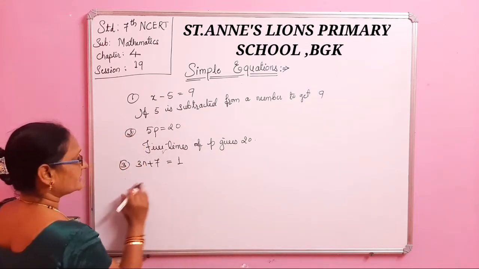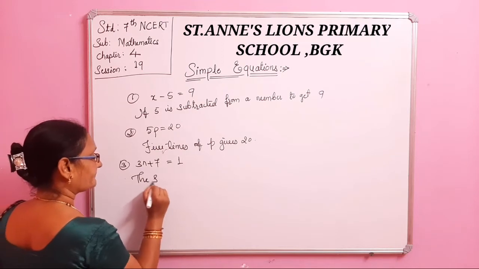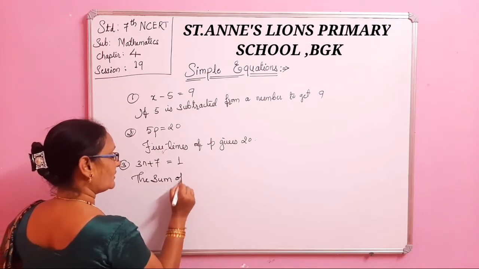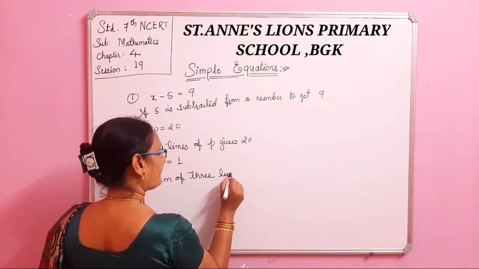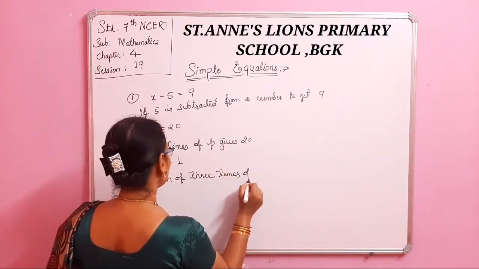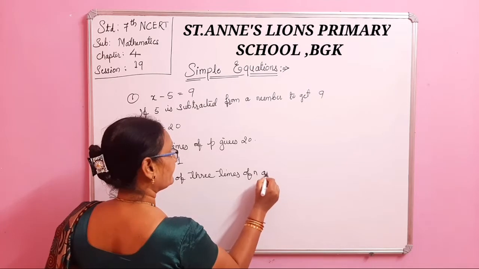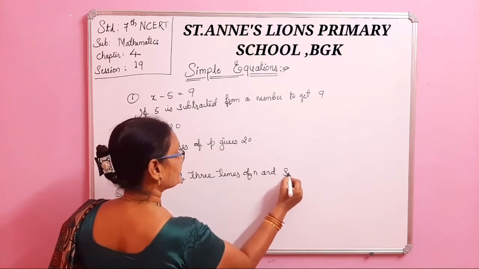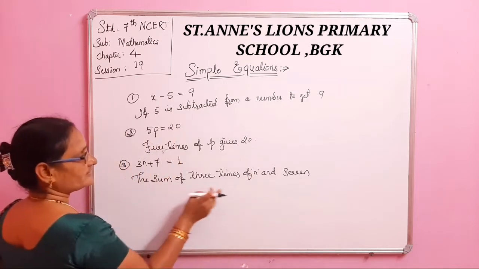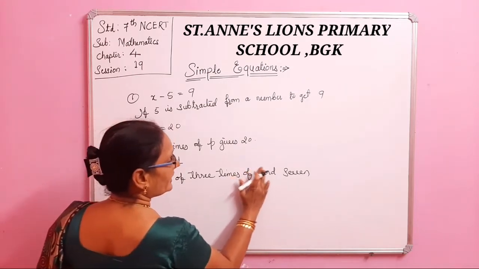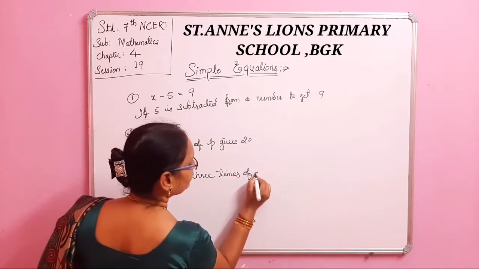What it is? The sum of 3 times of n and 7, the sum of 3 times of n, or 3 times of a number.